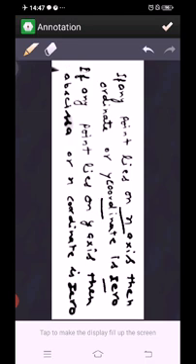And if any point lies on the y-axis, then the abscissa or its x coordinate is 0. A point lies on x-axis, then y coordinate is 0. A point lies on y-axis, then x coordinate will be 0.